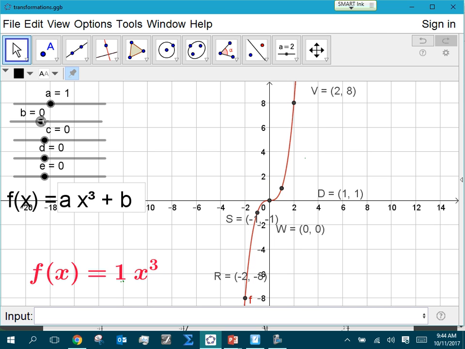Does that make sense? So adding something to the end of the entire function will get the thing to move up and down. The hard part that people struggle with is moving left and right.